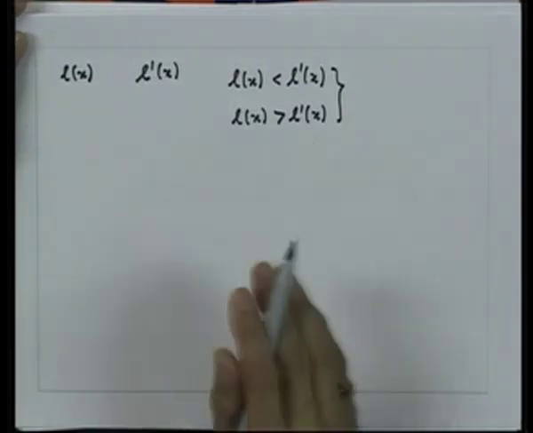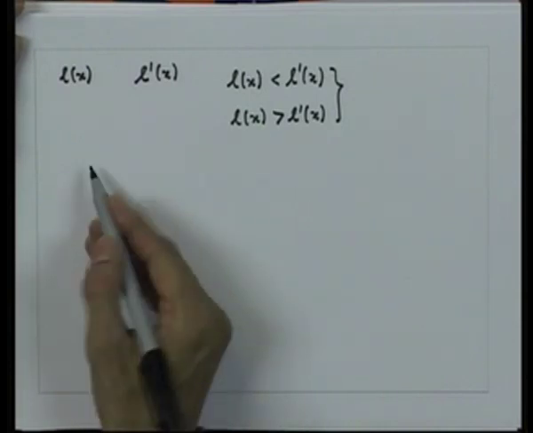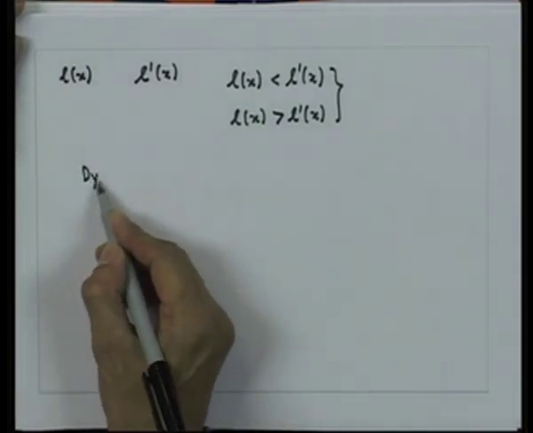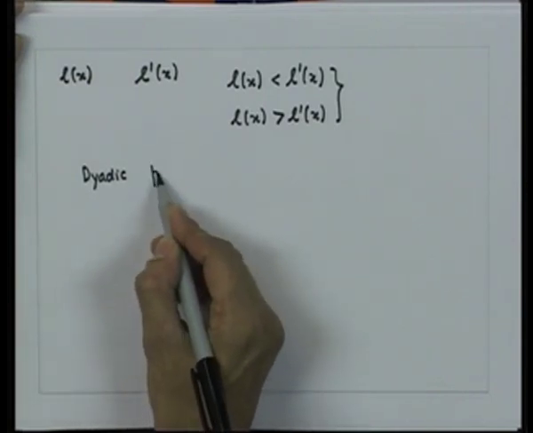So, let us try to prove that, but before we try to prove that, let me define what is a dyadic probability mass function p x.